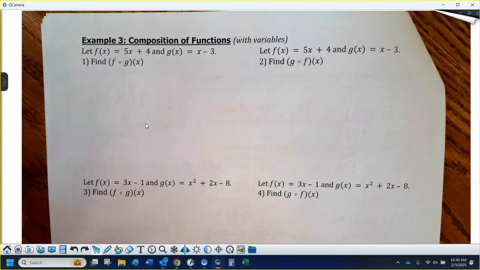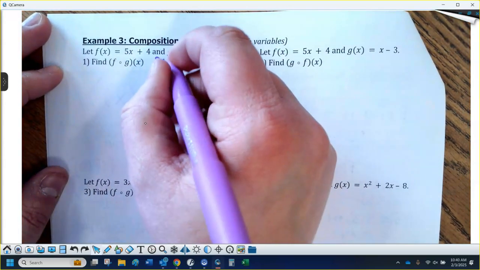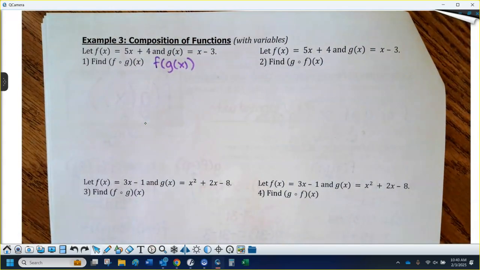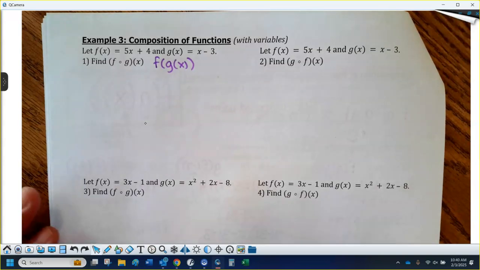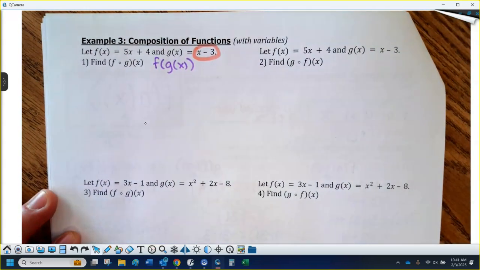Okay, let me write the notation here real quick for you. So this is f composed with g of x, or f of g of x. The weird part here is we're just using g of x. So g of x is equal to x minus 3.